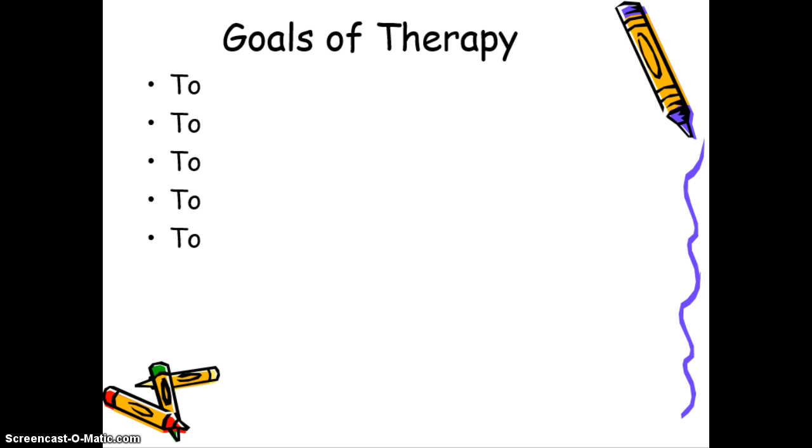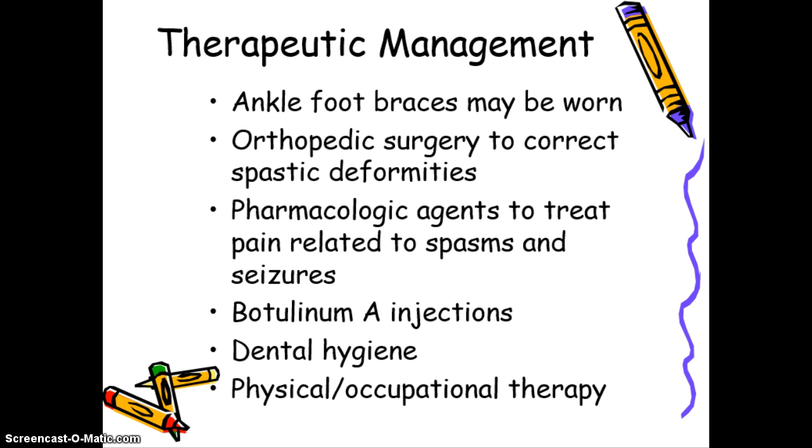And by mainstreaming, we will see an increase in socialization. So those are going to be the goals of therapy: establish locomotion, gain optimal appearance, correct associated deficits, provide educational opportunities, and promote socialization. So therapeutic management could include braces, orthopedic surgeries, pharmacologic agents.